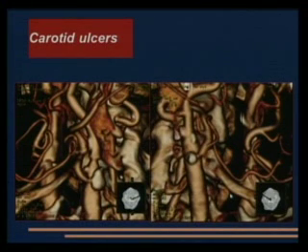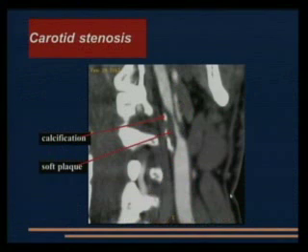This is the same thing, but in the 3D reconstruction. Here you have calcification, the soft plaque, and the narrowing of the internal carotid artery at the bifurcation.